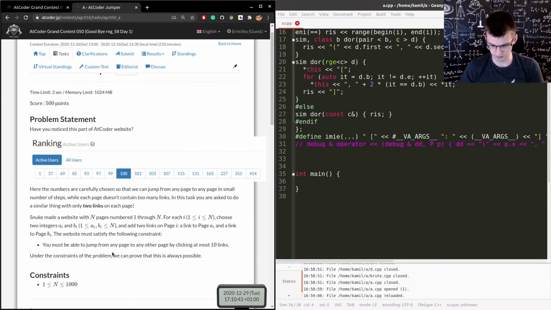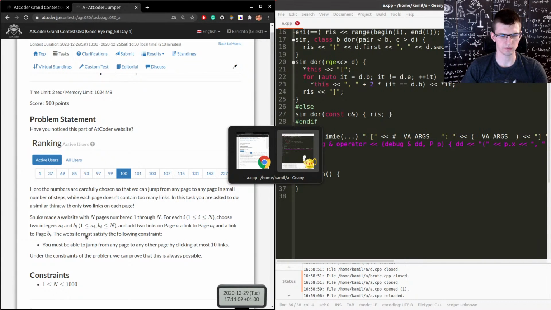This means that there just can't be any repetitions. That's an interesting thought. Well, there can be some. After exactly 10 steps, you can be in 2 to the 10 different vertices.